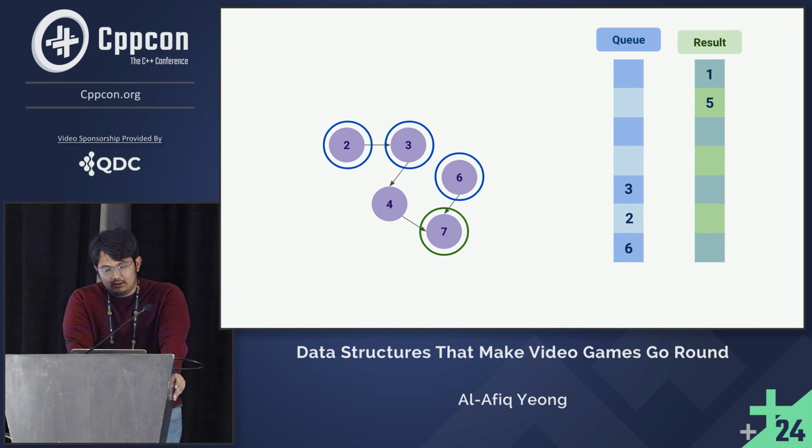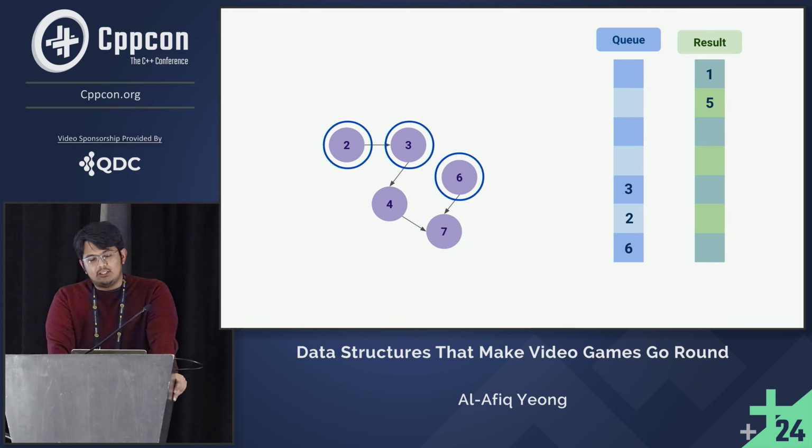Now, although we have removed an incoming edge from 5 for vertex number 7, vertex number 7 still has an incoming edge from vertex 4 and vertex 6. And because of that, we cannot add vertex number 7 into the queue. Because the condition for a vertex to be added into the queue is that it needs to not have any incoming edge. Okay, we continue to the next iteration, right?